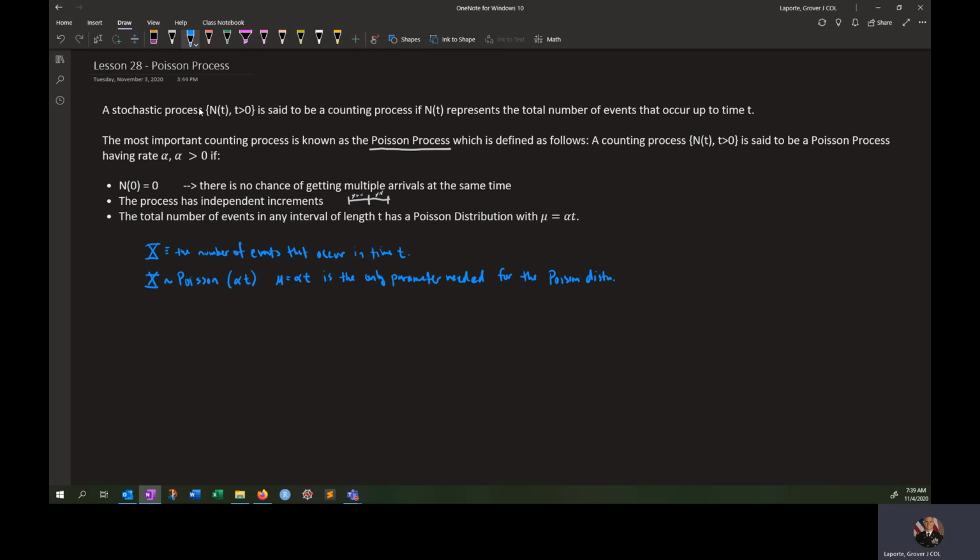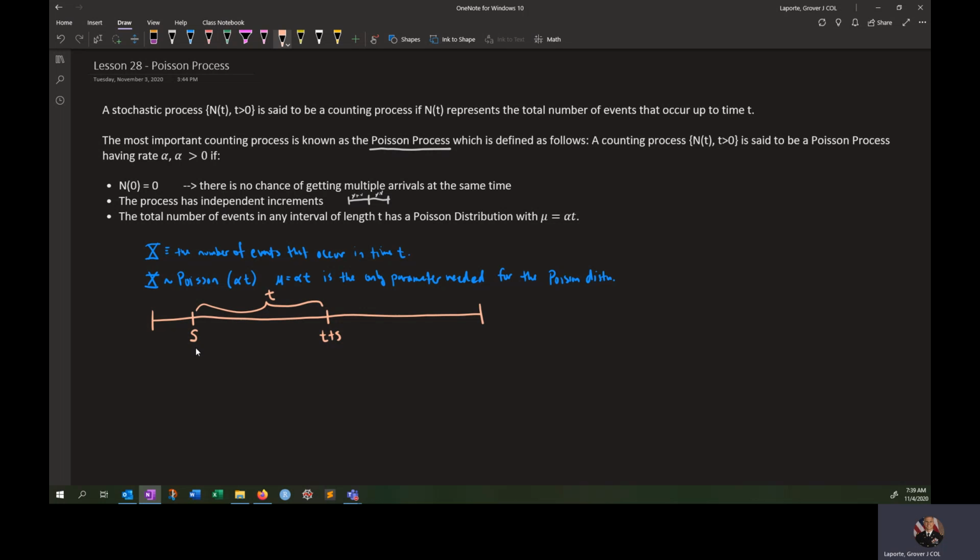All right, and so what does that look like? I just want to describe what we're talking about here on a temporal piece. So maybe something's happened up to time s, right? We don't care what happens up to there, and then maybe this is t plus s, so that this length of time here is t.